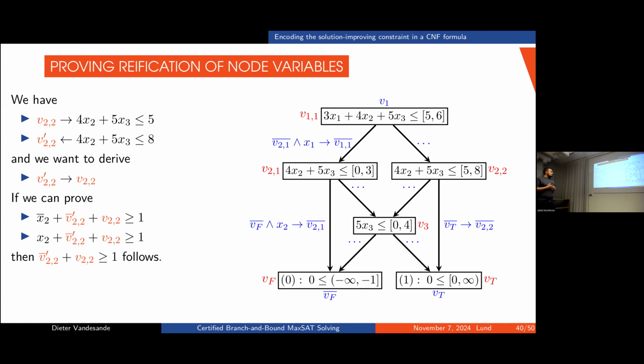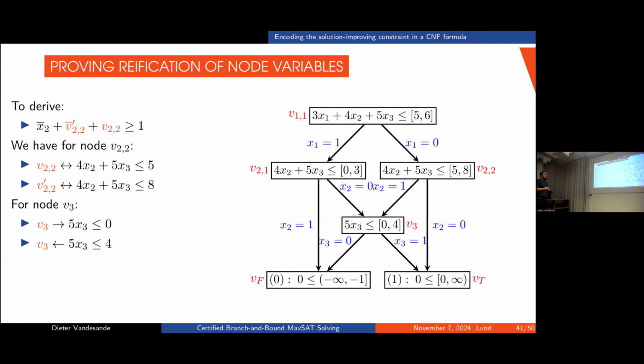So let me show you how to derive one of these two constraints. And let me show that if x2 is true, then V prime implies V. So what we have is for V2, which is this node, I have V and V prime variables.